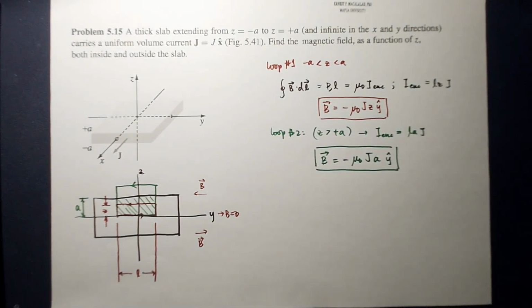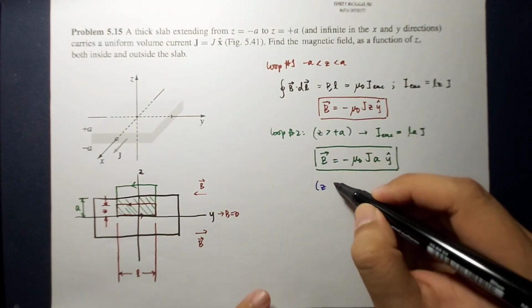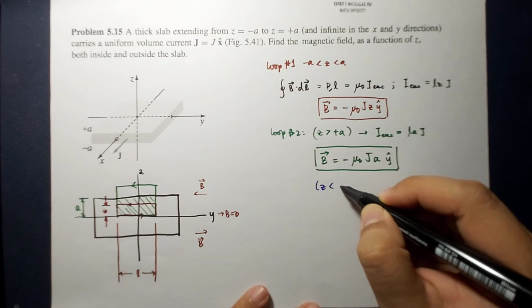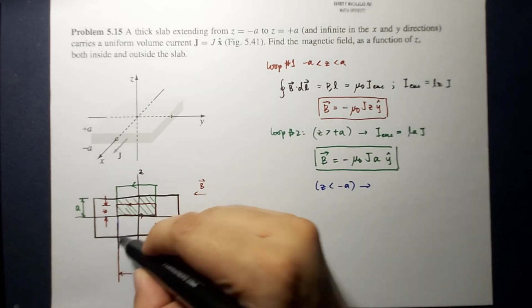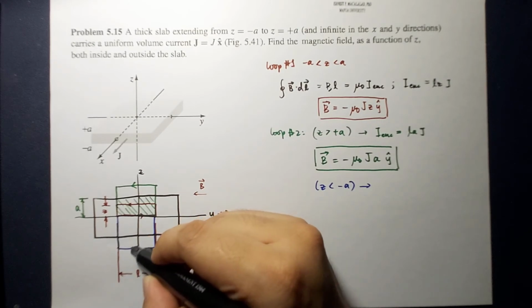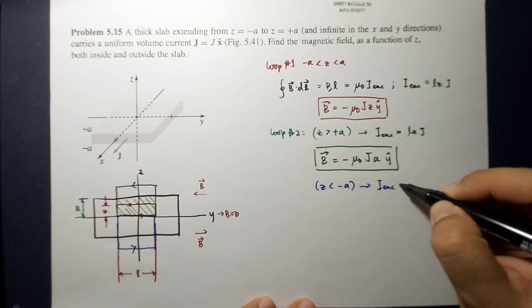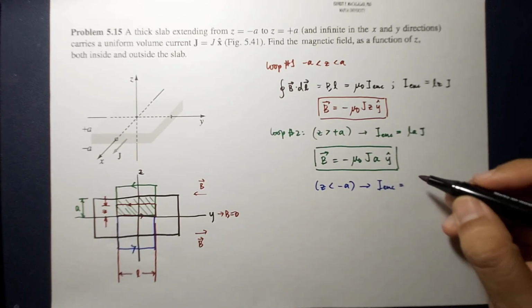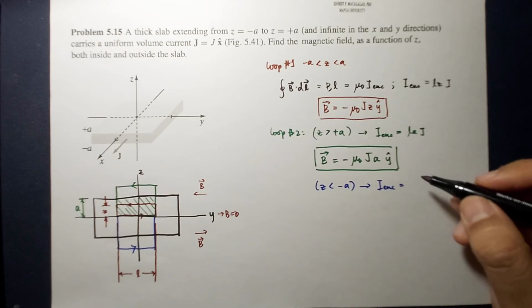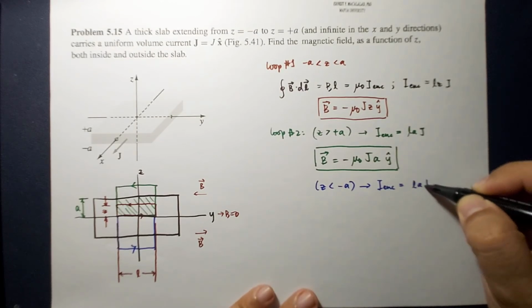And lastly, for z less than negative A, so this is our Amperean loop, I enclosed would be equal to LAJ.